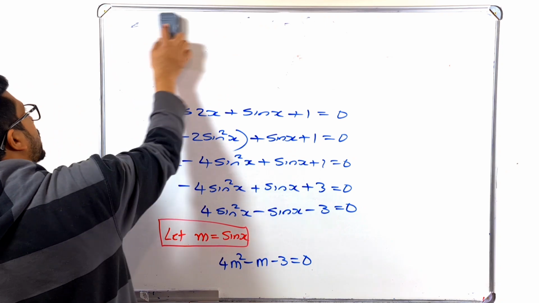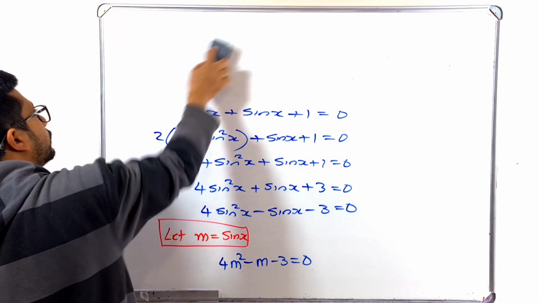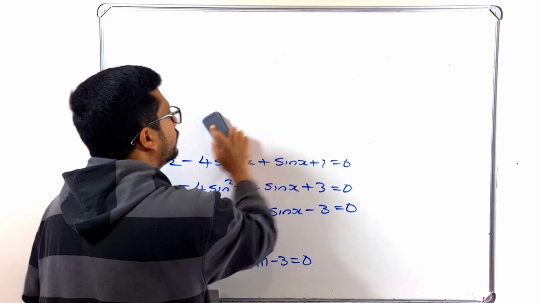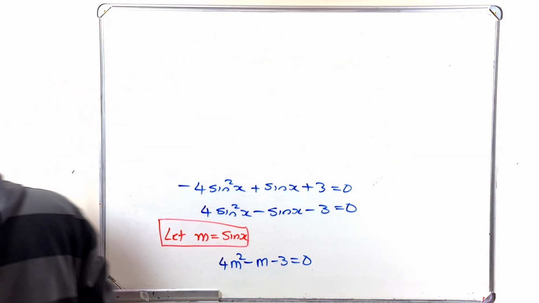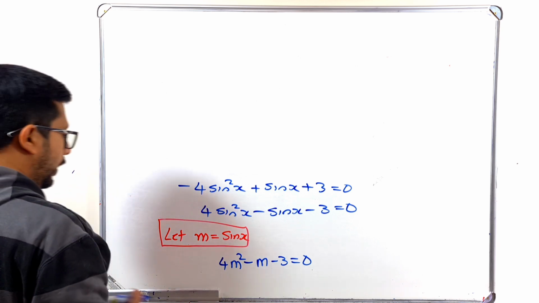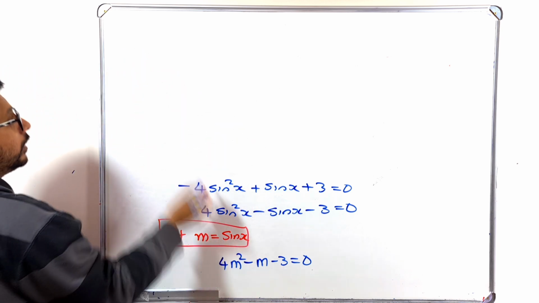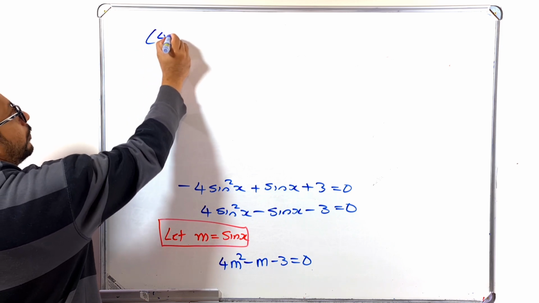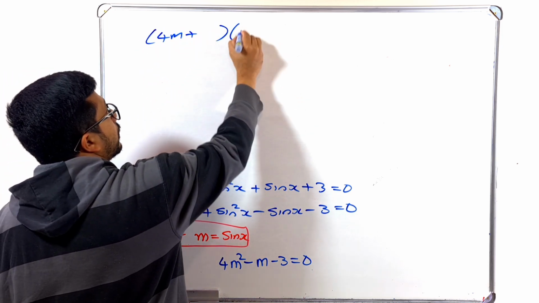So what are the factors, guys? What are the factors? This one is 4m plus what? Let's check.